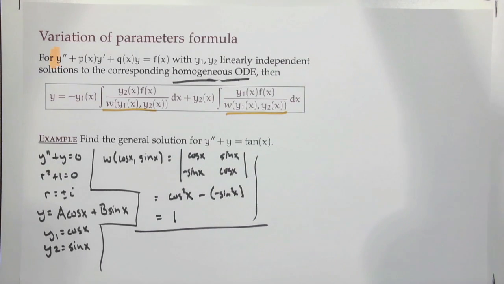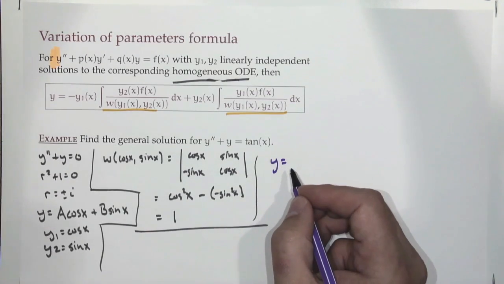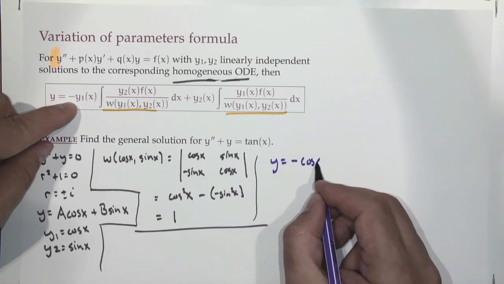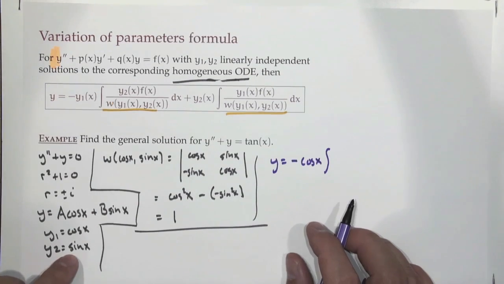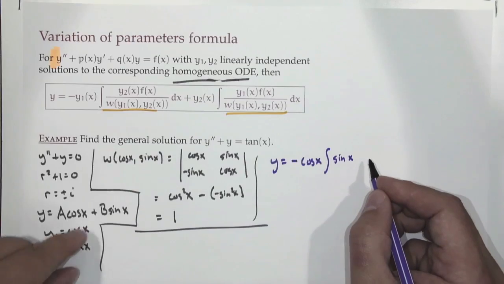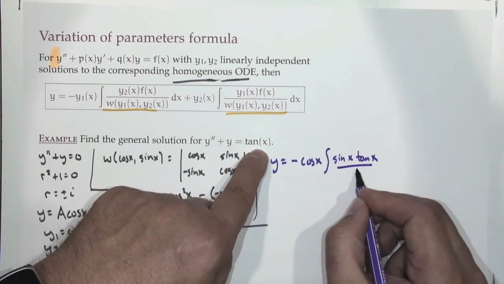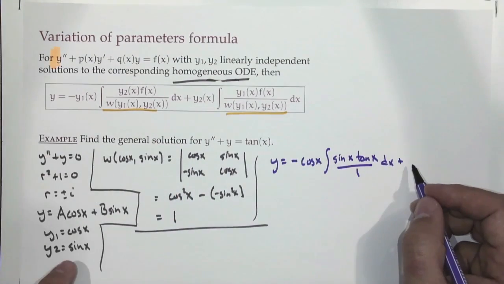All right. Life is good. Okay, so we can now say, if we just go through and copy here, this is minus cosine x integral y2, which would be sine of x, times f of x, which is tangent of x, over 1, plus y2, which is sine of x.